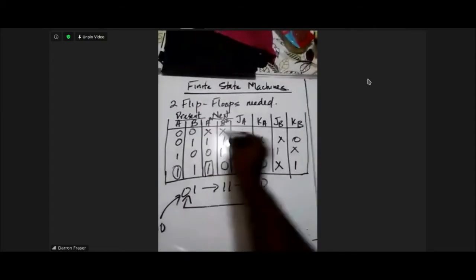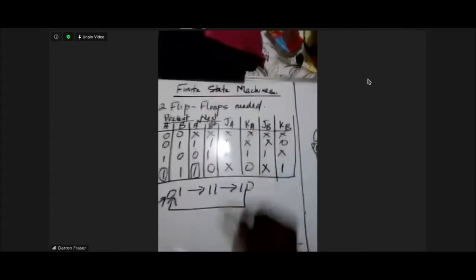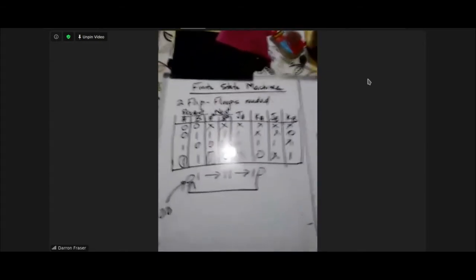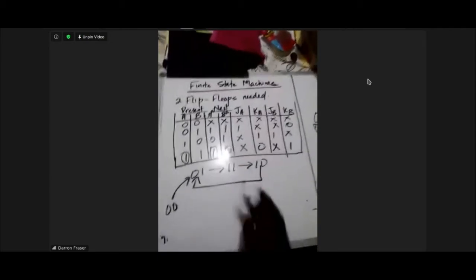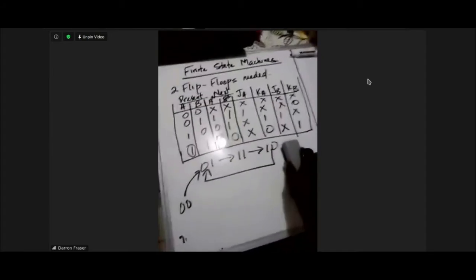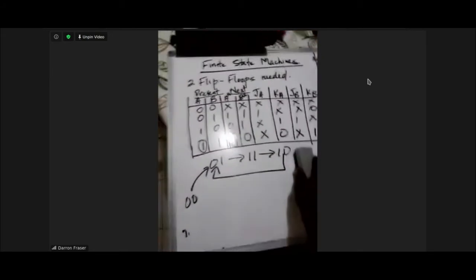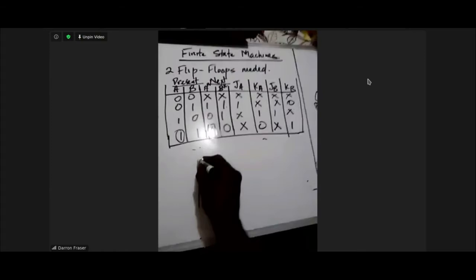And this one we have don't care, so we're just going to put don't care. So this is our table. All right. So now the circuit that we are going to put together is going to have 2 flip-flops.